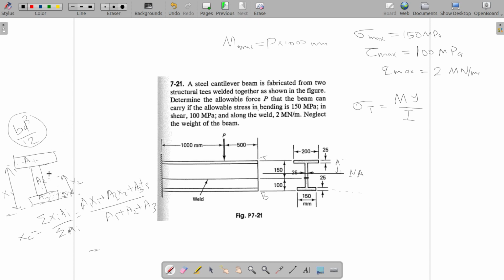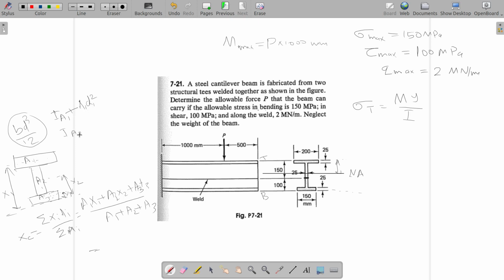Once you do that, using the distance between the centroid of each individual area and the centroid of the whole section, you can calculate the area moment of inertia of each individual area about the neutral axis, and then add all of them up. You will get the I for the whole section. That will look like this: once you calculate IA1 using this formula, plus A1 multiplied by D1 squared, where D1 is the distance between the neutral axis and the centroid of A1.